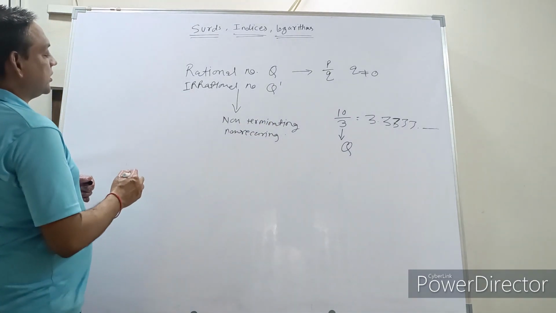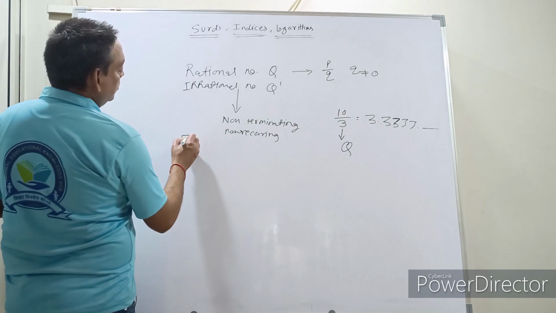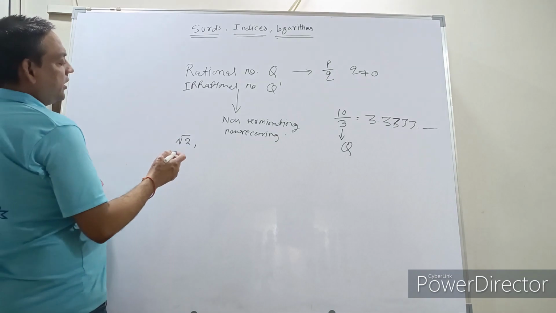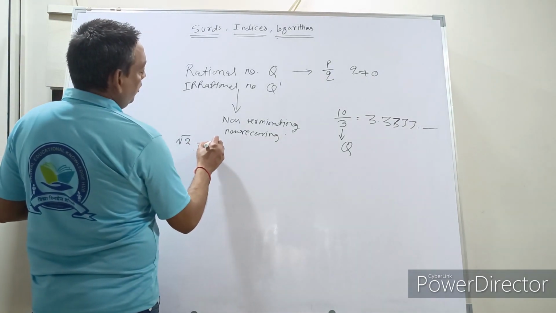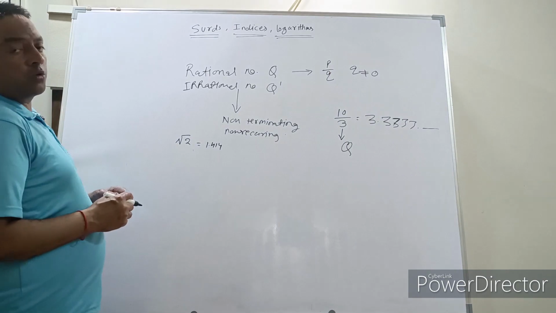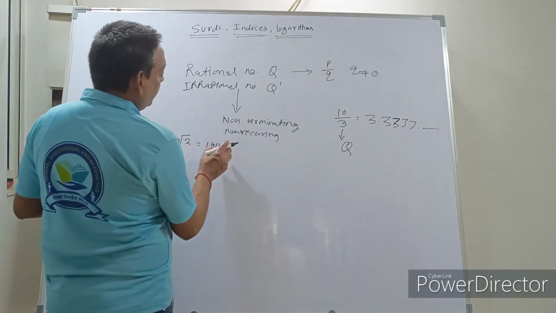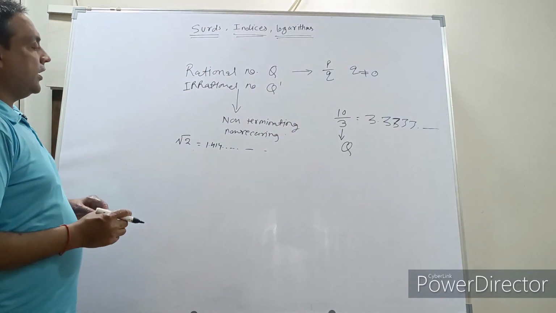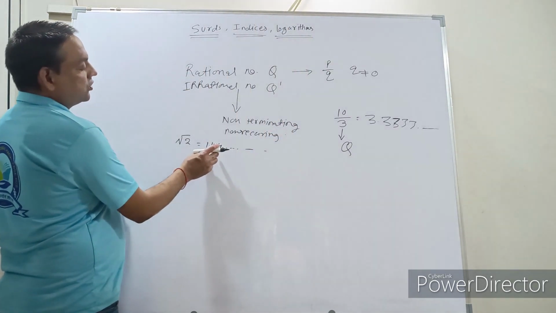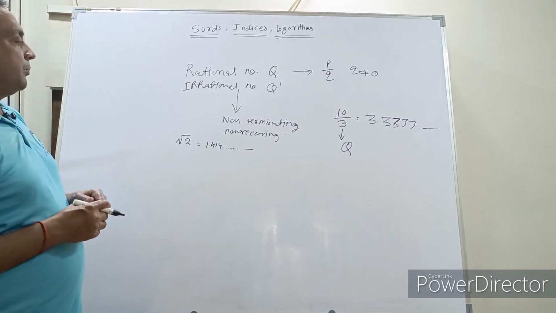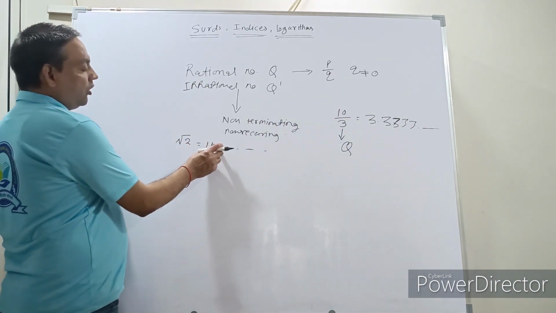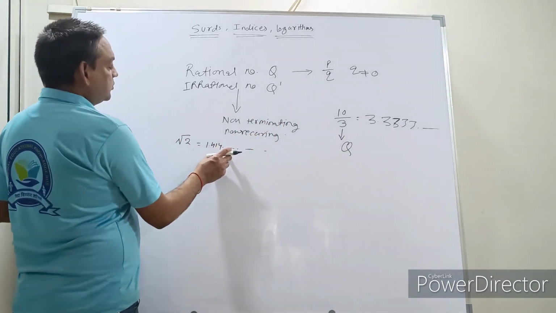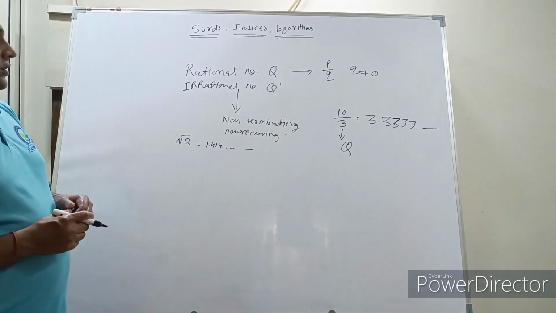But what is the value of root 2? People will say root 2 is 1.414, but it's not only 1.414. We only know till 3 decimal places, but the number goes on, and we will not get any pattern; different digits keep coming. So it is non-terminating as well as non-recurring, and that's why root 2 is an irrational number.